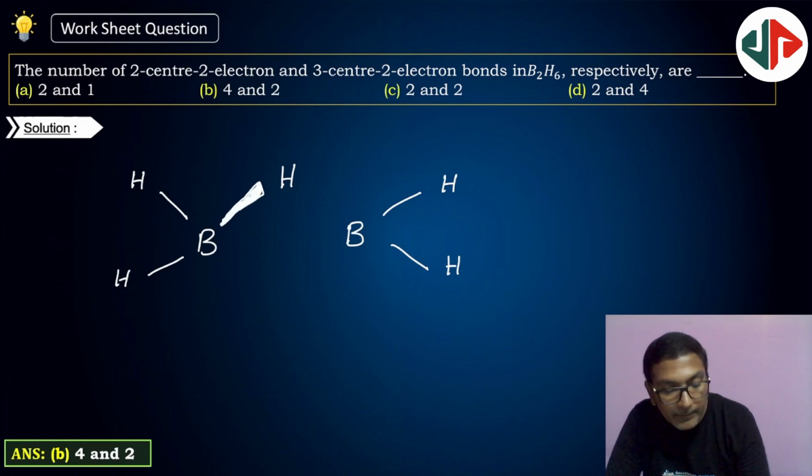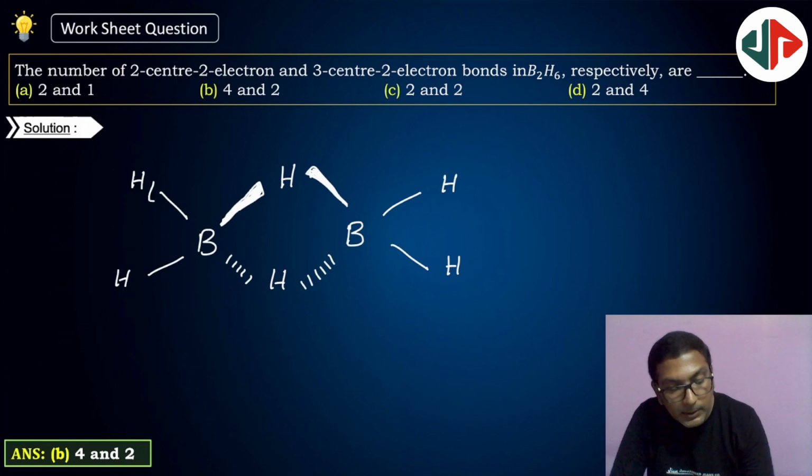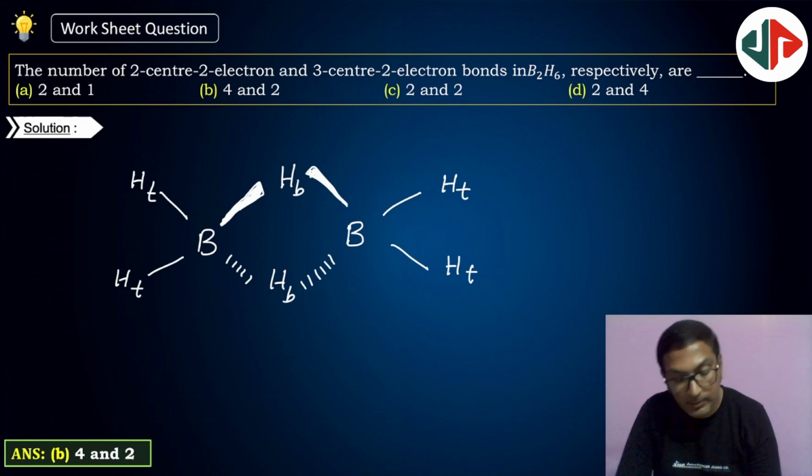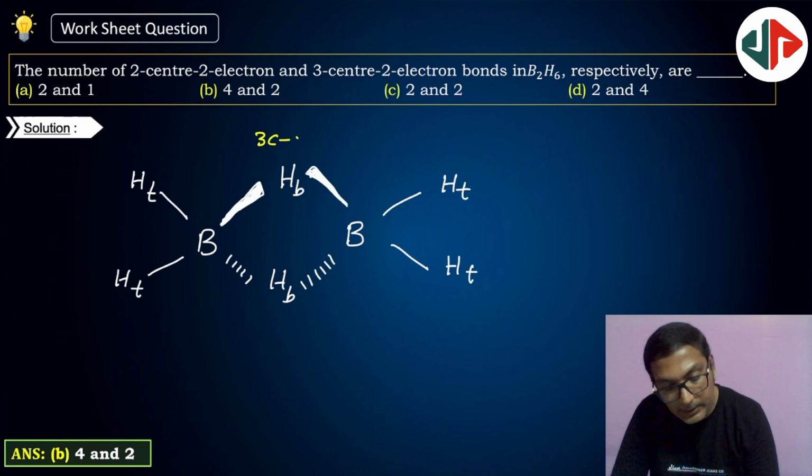Above the plane, bridging hydrogen, one above and one below. So terminal hydrogens, bridging hydrogens. So here types of bonds, 3-centered 2-electron bond. Here also 3-centered 2-electron bond.